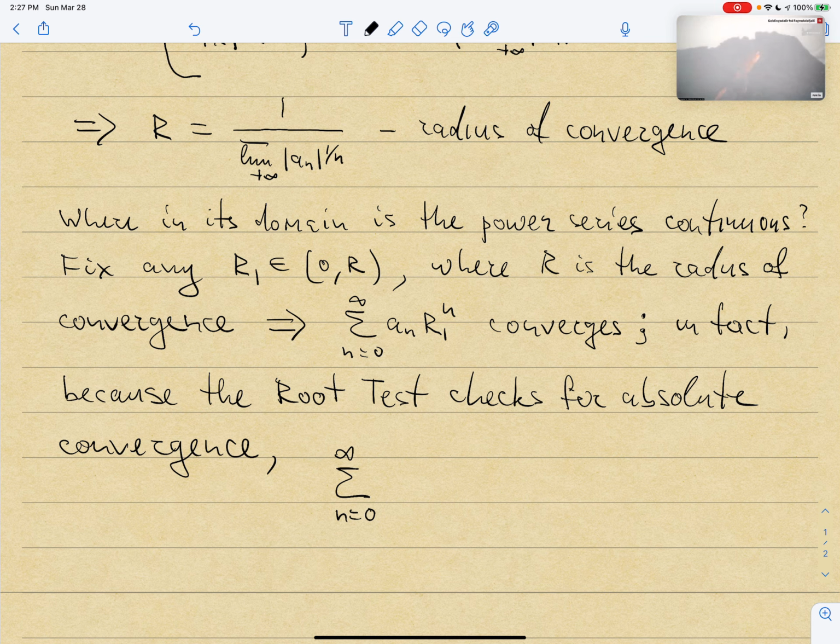R1 is already positive, so the absolute value of a_n R1 to the n is a convergent series.